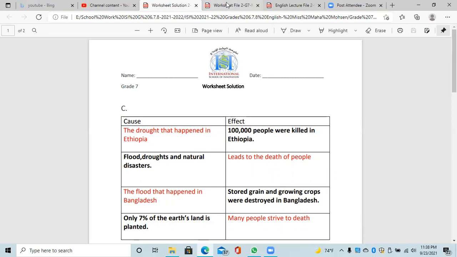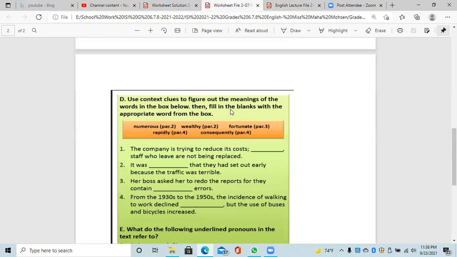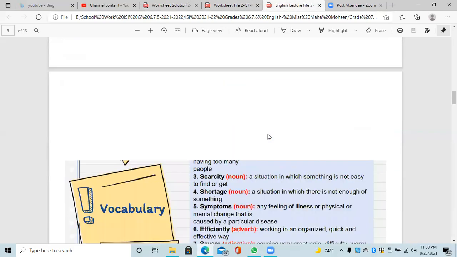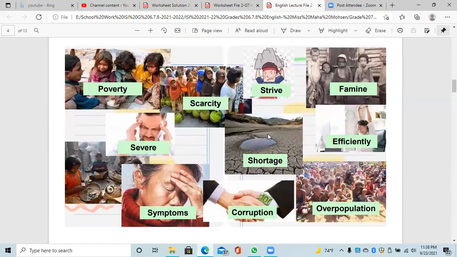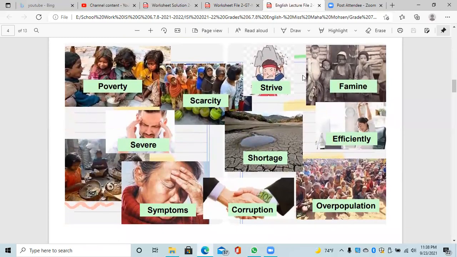Okay, I just wanted to show you something here in the lecture. The pictures that you have with the vocabulary. So here is the vocabulary, and you have pictures that describe the vocabulary words, so you can also understand the meaning of the word from the picture.